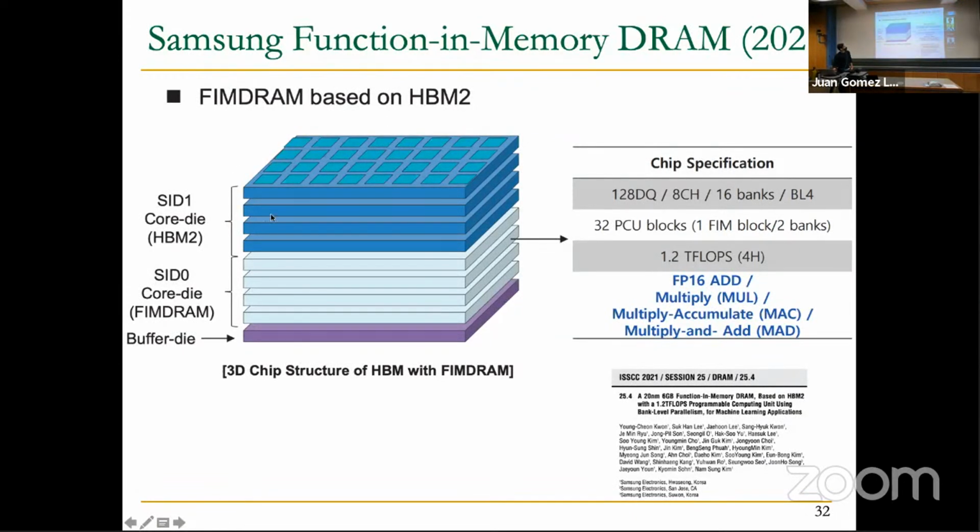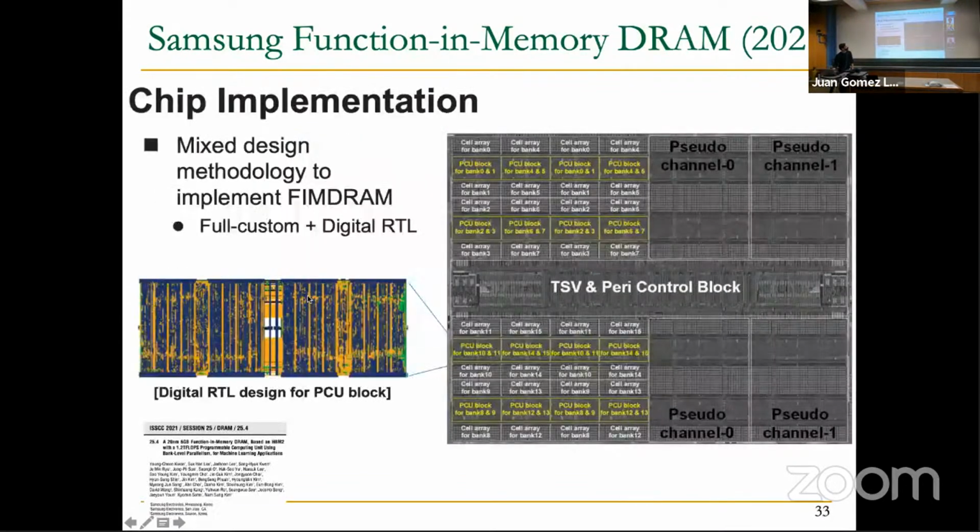And as you can see, it is composed of some storage layers, or pure memory layers, and some FIMDRAM layers, where we have memory banks. Here you can identify bank 0, bank 1, bank 2, bank 3. And between two banks, what we have is this PCU block, which is a processing-in-memory unit. And actually, this is near-bank processing in memory, or processing near bank.